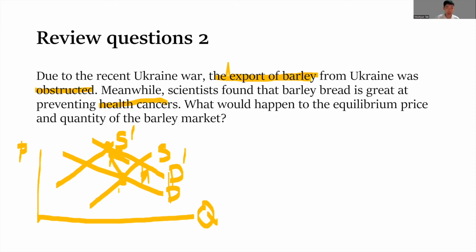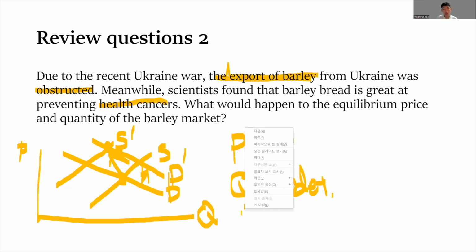This might seem ambiguous, but the obvious thing is that the equilibrium price increased, but we don't know how exactly the quantity moved, right? Because this is too vague and this is almost vertical. So we say that the equilibrium quantity is indeterminate, as we covered earlier. And you may mark the equilibrium price and quantity as P star and Q star in short form.